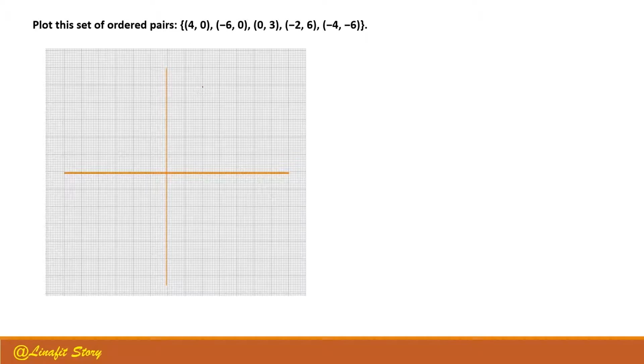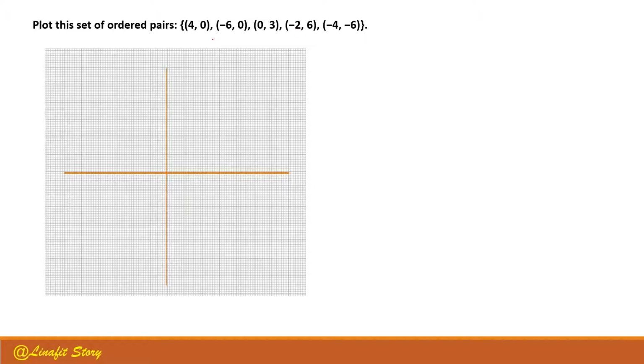Plot this set of ordered pairs: (4, 0), (-6, 0), (0, 3), (-2, 6), and (-4, -6). The scale indicated on the x-axis may be different from the scale indicated on the y-axis. So choose a scale that is convenient for the given situation. For example, for the x-values, there are 4, -6, 0, -2, -4.